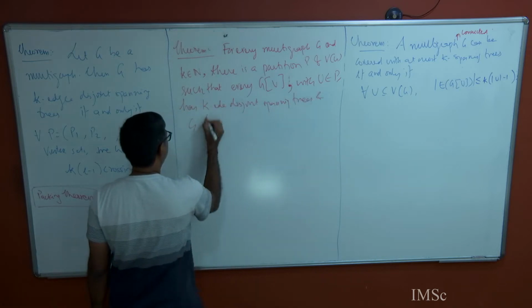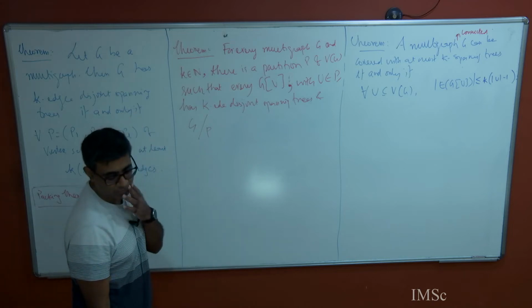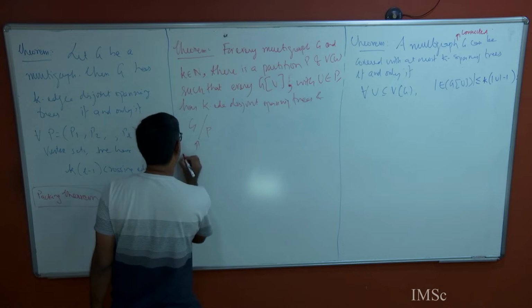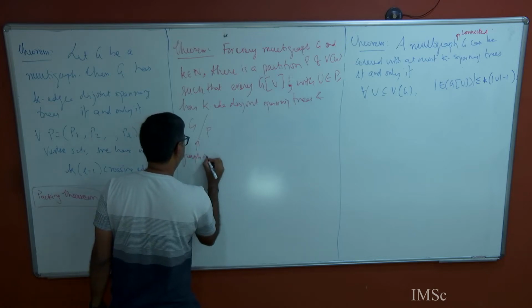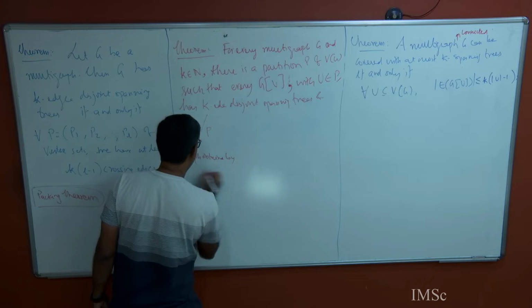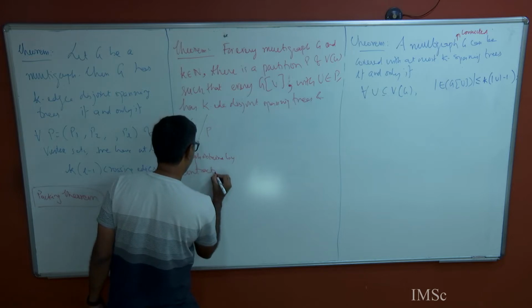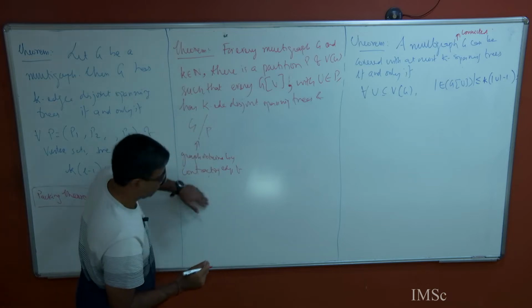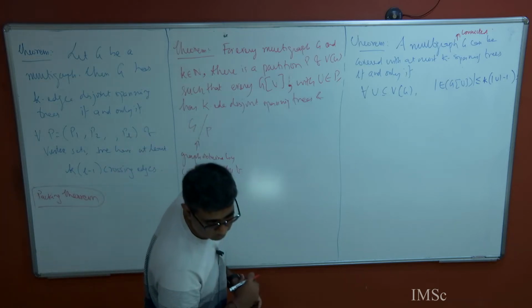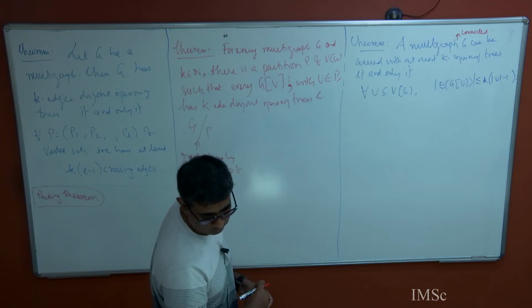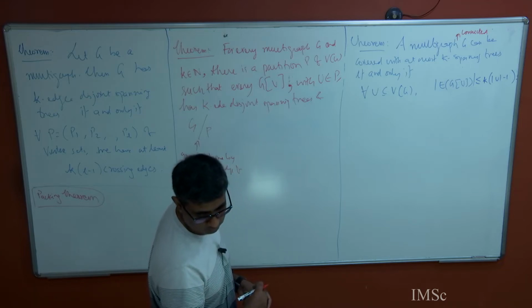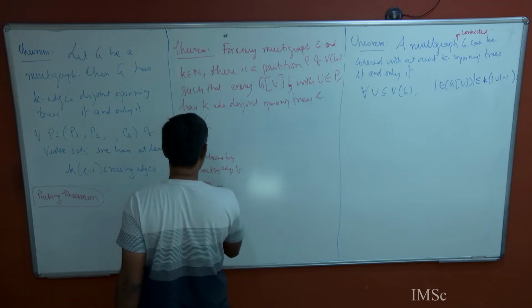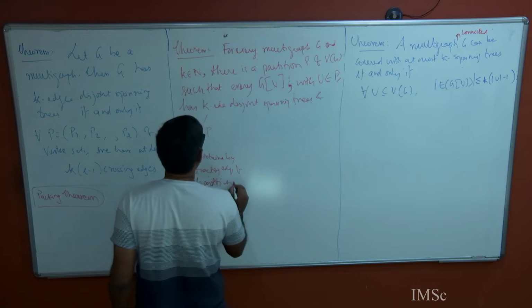And if you contract the edges of each part of the partition, we get the graph G/P.